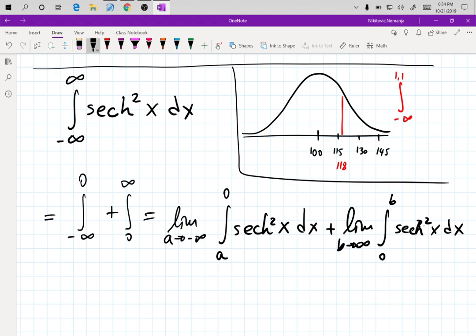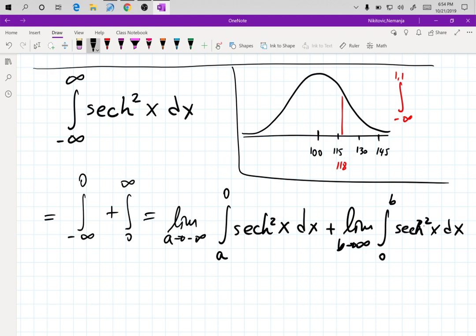So now, what I have here is limit as a goes to negative infinity of tangent hyperbolic of 0 minus tangent hyperbolic of a, plus limit b goes to infinity of tangent hyperbolic of b minus tangent hyperbolic of 0.